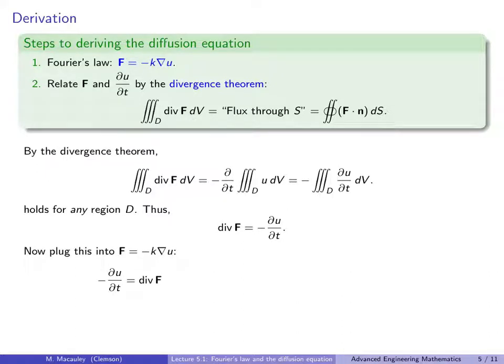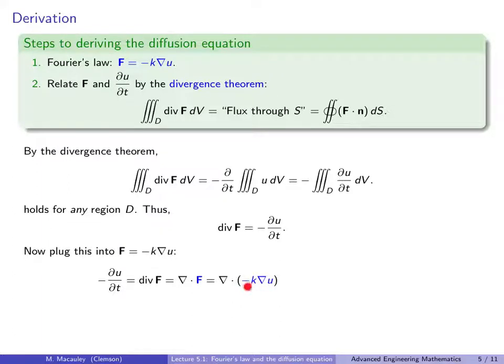Now, all that's left is to take this equation that we just derived and plug it into Fourier's law. And that's all there is. So negative du/dt, which is equal to the divergence of f, and by definition, the divergence of f is del dot f, and we have an expression for f by Fourier's law, and that's del dot negative k times the gradient of u.